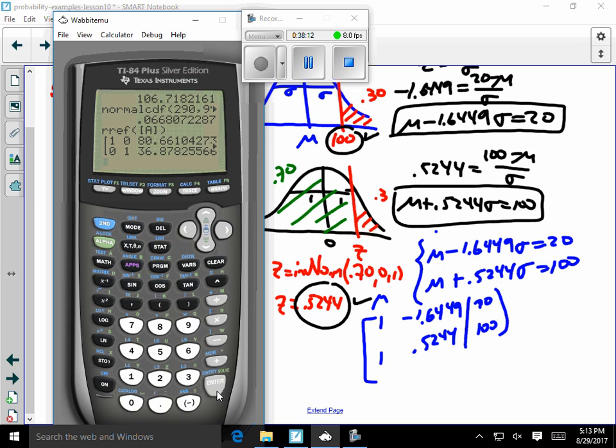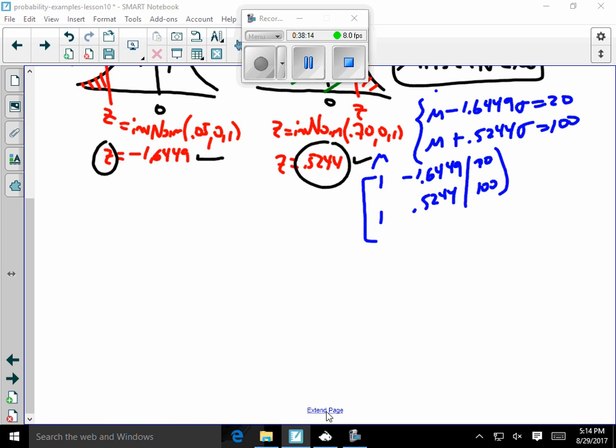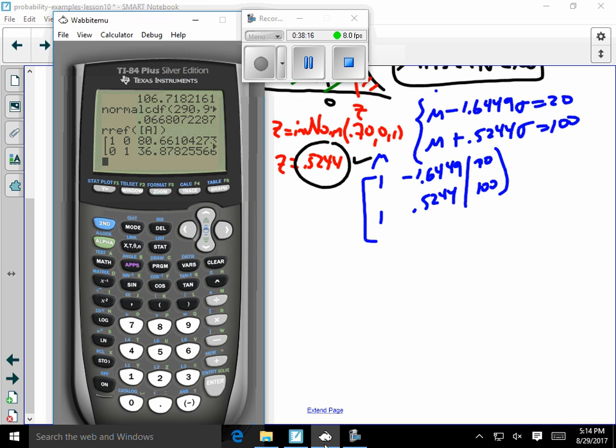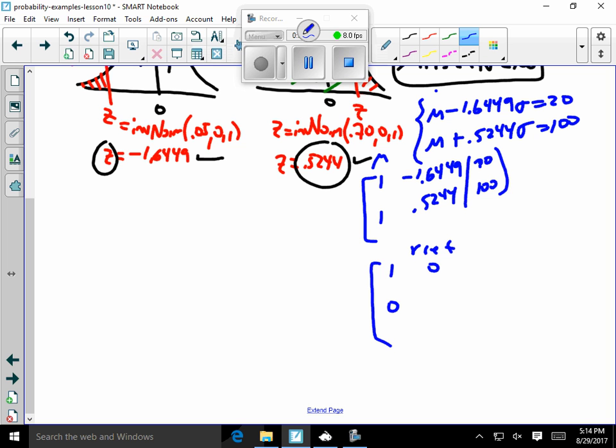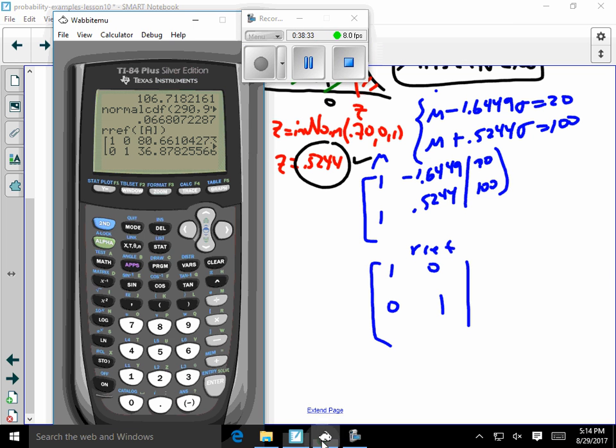So once I do RREF, I get this matrix, which would be 1, 0, 0, 1, and then, let's see, is this right? I don't think that matches 80.2.